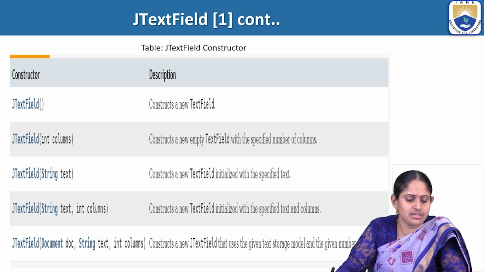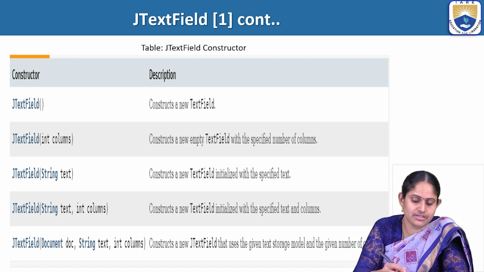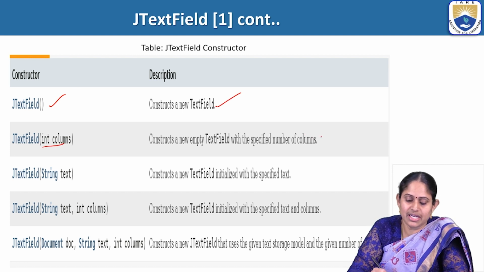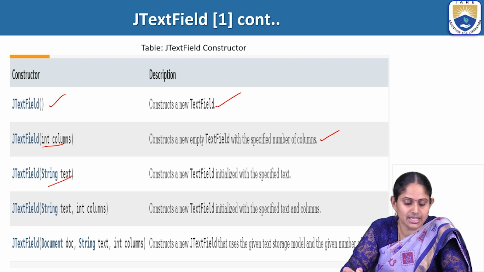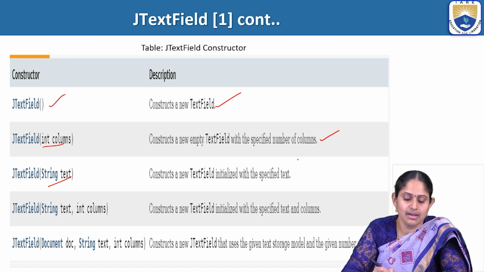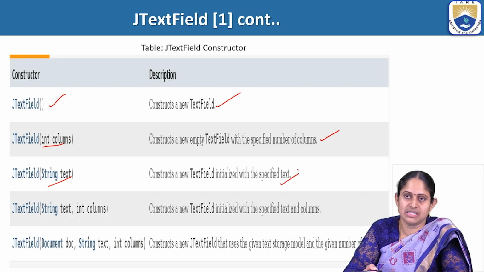And these are the constructors of the JTextField. The empty constructor just creates a text field. The JTextField with columns creates an empty text field with the specified number of columns. The JTextField with string text creates a text field initialized with the specified text.